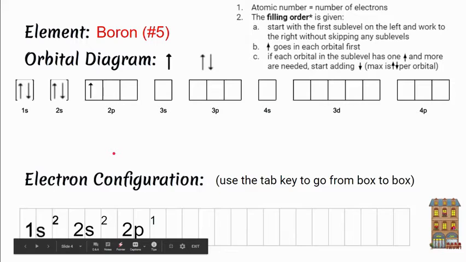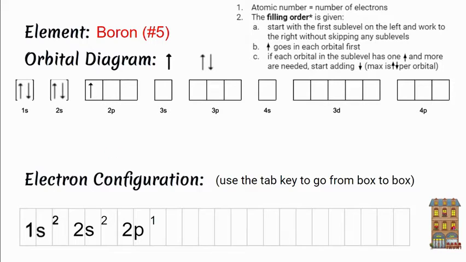All right, and then one more rule, and that is that the arrows in each orbital have to be in opposite directions to represent the opposite spins or magnetic fields that the electrons need in order to be able to exist in that orbital.